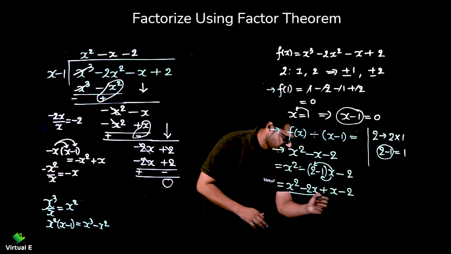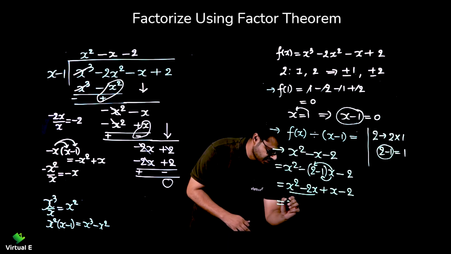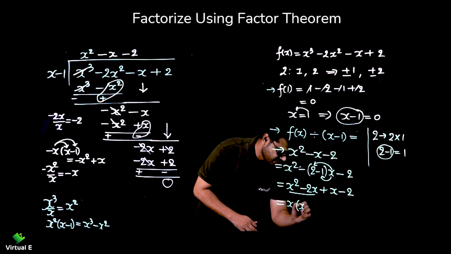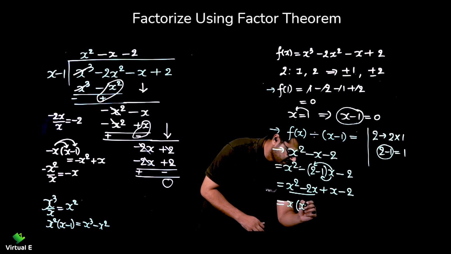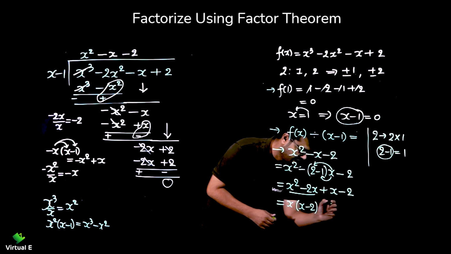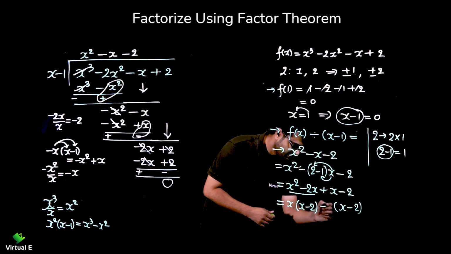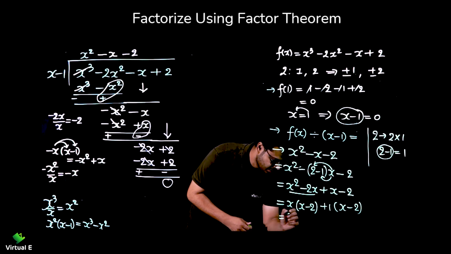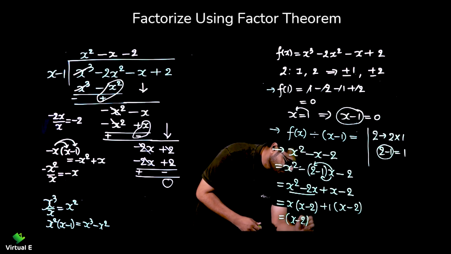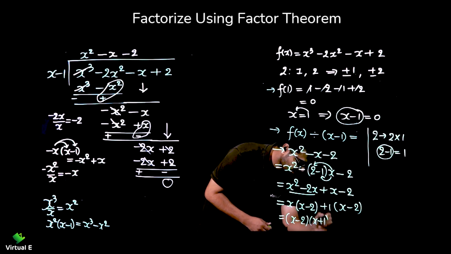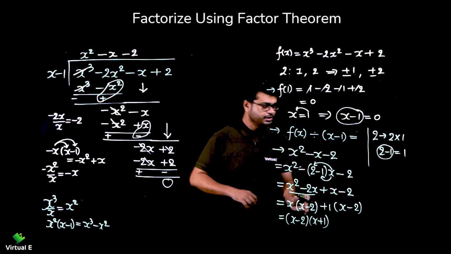Now let's take the things common out from the first two terms. So that is x in this case. Here it will be x, if x is taken common, minus 2 only. Here x minus 2 as it is, and if nothing is common then plus 1. So here x minus 2 and x plus 1 are the two factors.